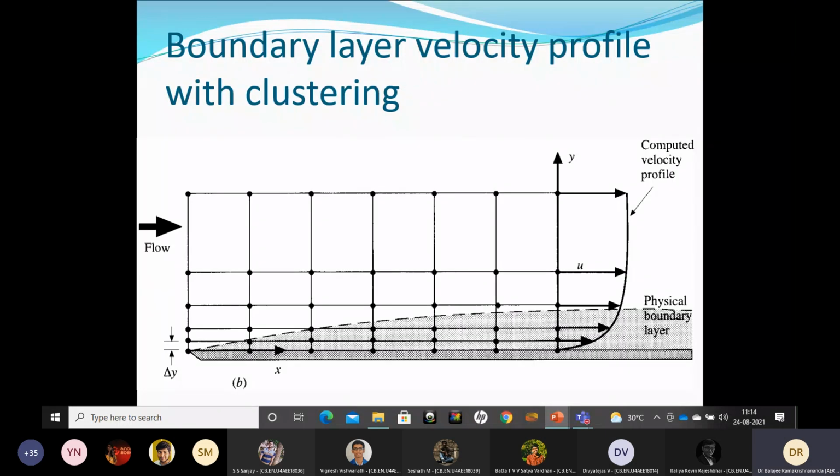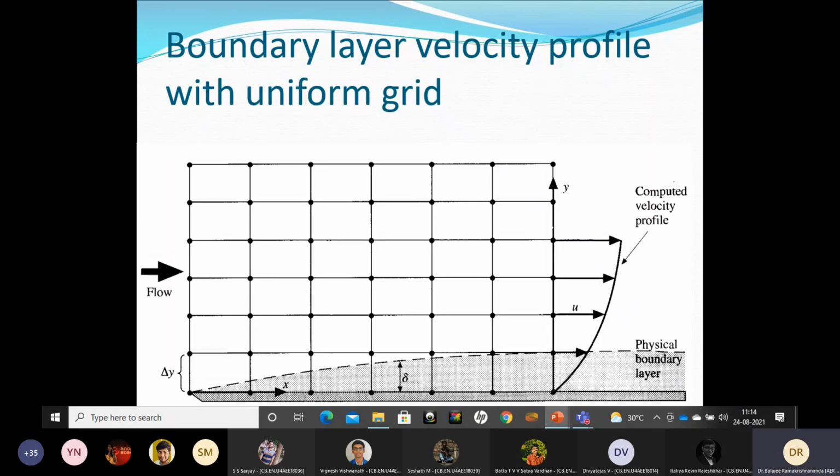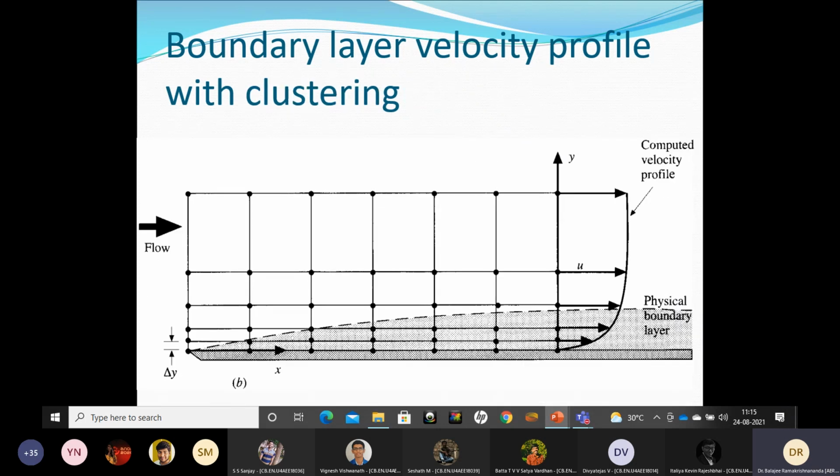So you get this difference if you cluster points near the wall, you can capture this gradient, whereas this uniform grid is incapable of capturing. Otherwise, you may have to put an extremely high number of points. You'll be putting useless points in the free stream also. So you'll be adding load to the computational time, and RAM also.